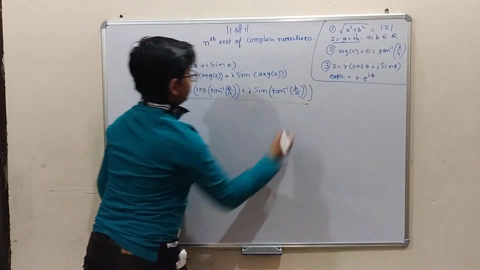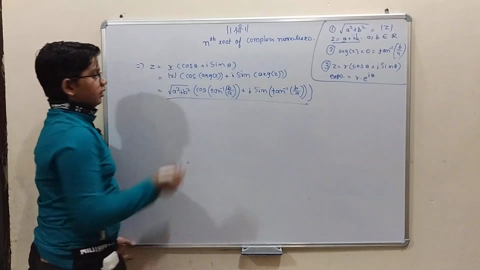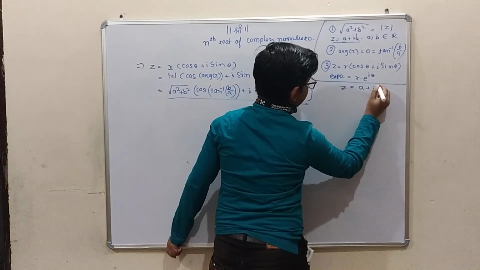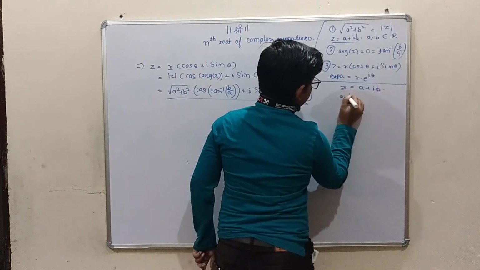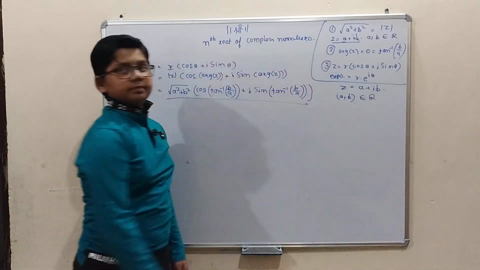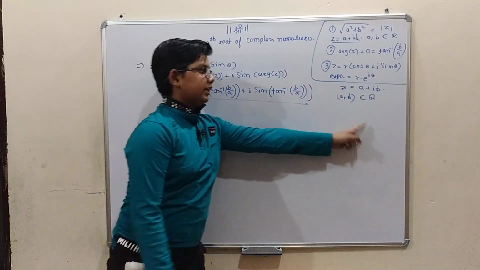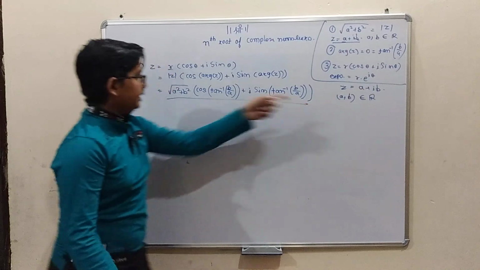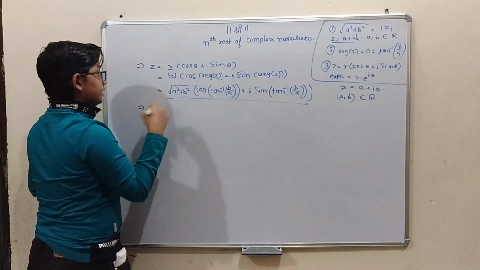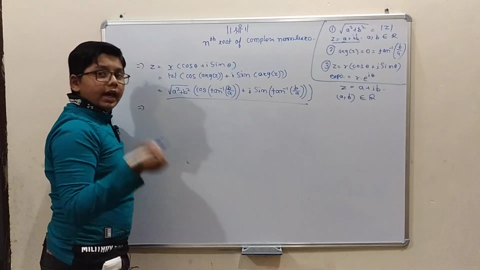So we can write z in this format, where z is equal to a plus ib, and a and b are in the set of real numbers. This is the condition. Now we will find z raised to the power 1 by n, or the nth root of z.